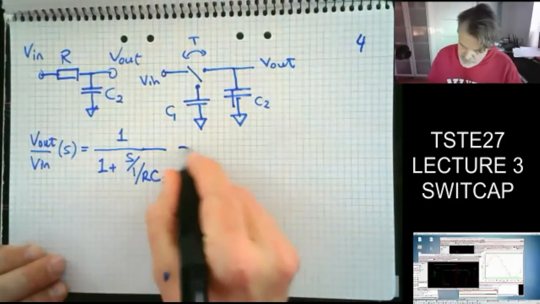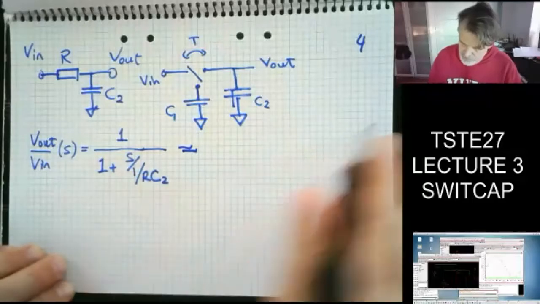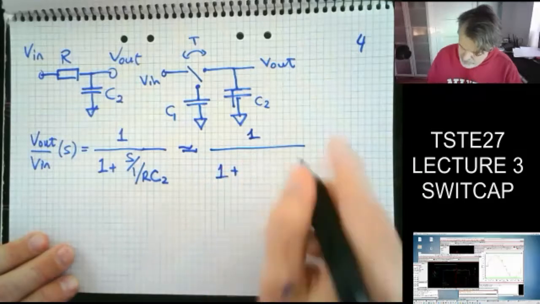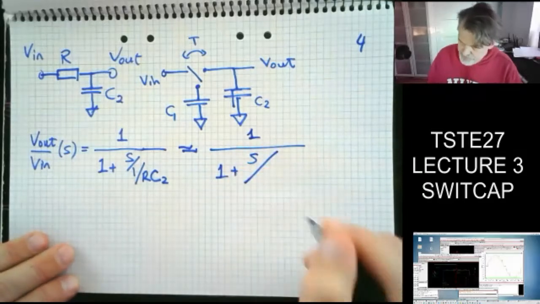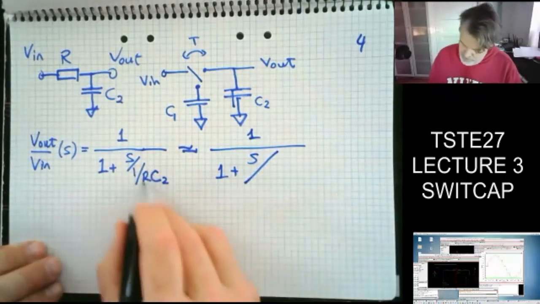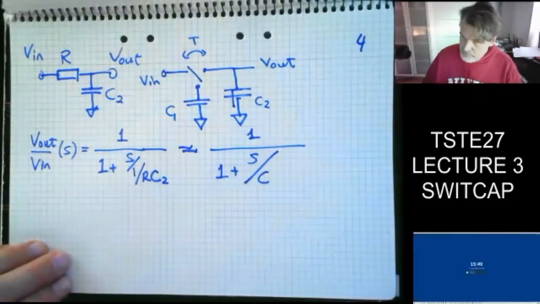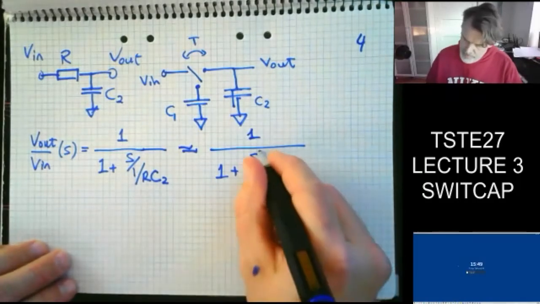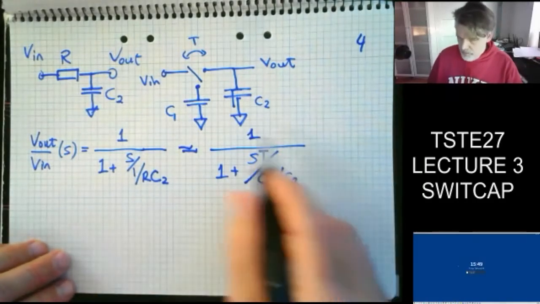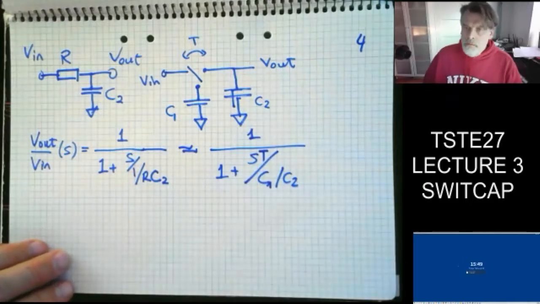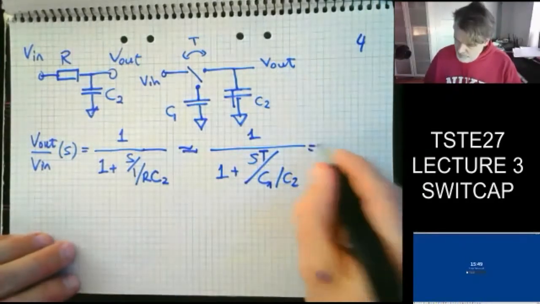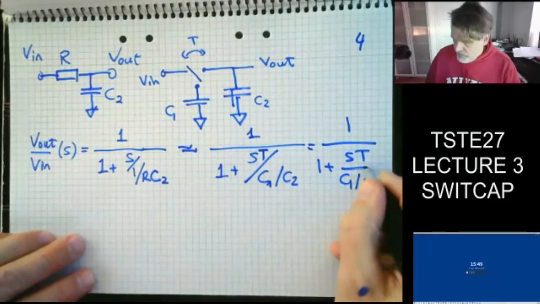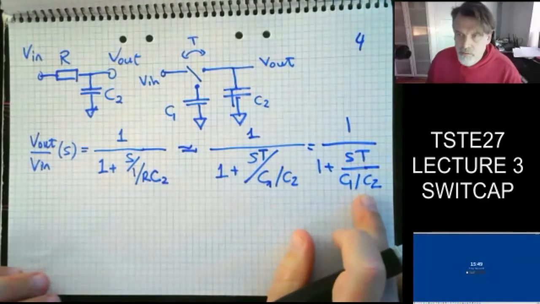So this is approximately equal to, replacing the resistance here, 1 over 1 plus S divided by R divided by C, so I get C1 divided by C2, and then T in the numerator. Let's write that a bit clearer: 1 plus ST divided by C1 divided by C2. So I get the ratio C1 divided by C2 and time.